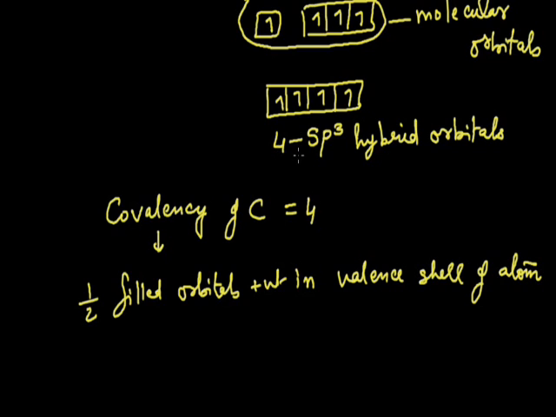Since carbon has 4 sp3 hybrid orbitals, carbon uses these orbitals to lead to the formation of any of the molecules.